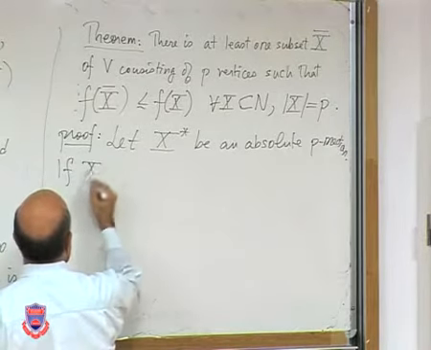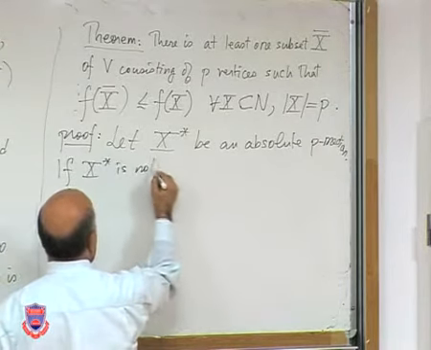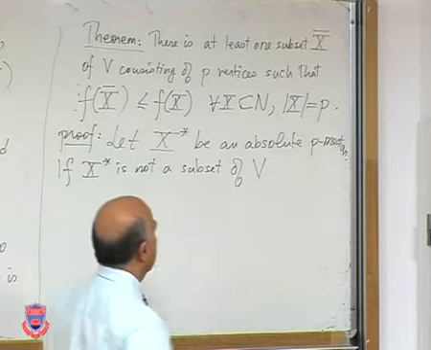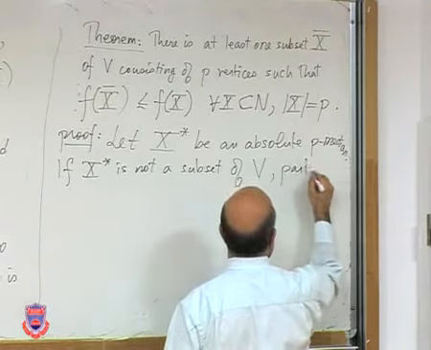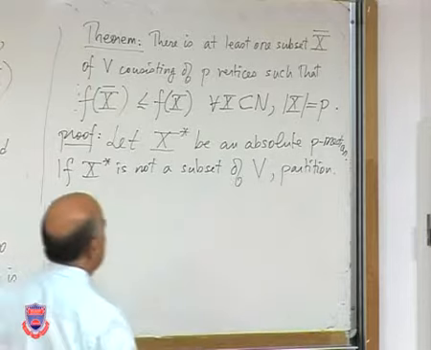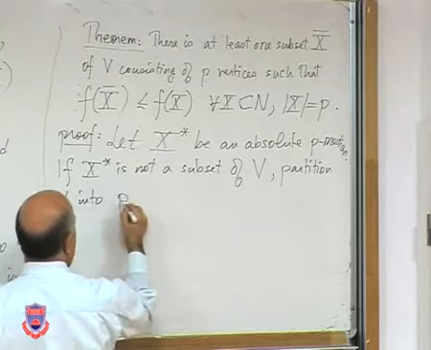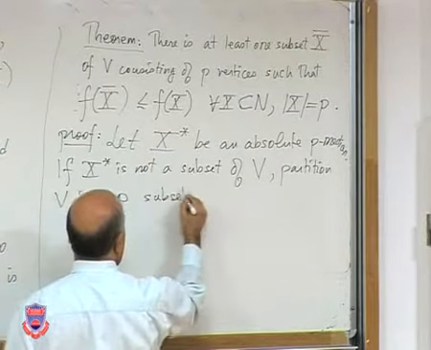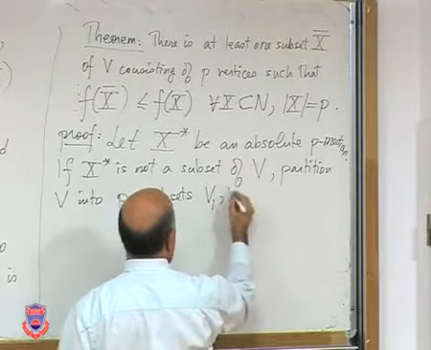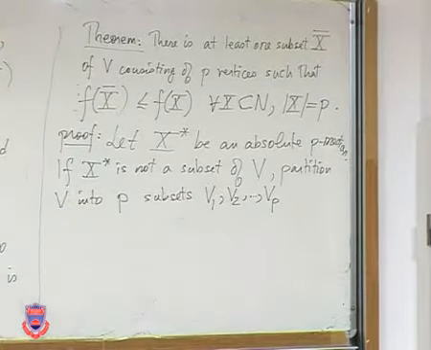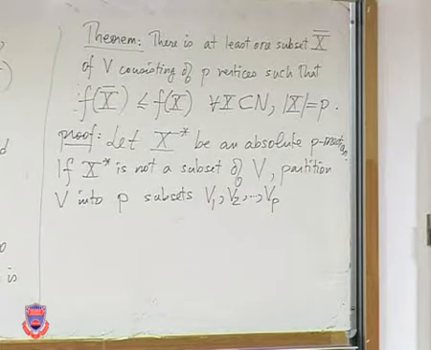If X star is not a subset of the vertex set, partition the demand vertices, or partition V, into p subsets, V1, V2, and so on up to Vp. These are subsets of V. They are disjoint, that's what partition means, and collectively they exhaust all elements of V.